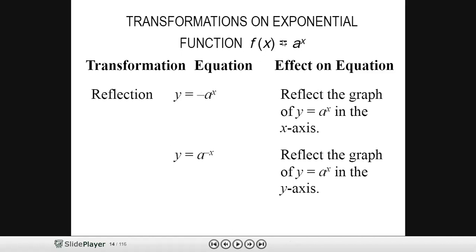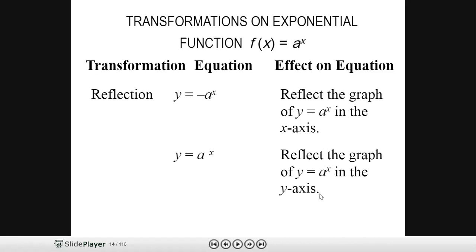The other transformation is reflection. Reflection means that this is a positive function, and if you are getting a negative sign, it makes it a reverse direction. So reflect the graph of y equals a^x in the x-axis, and if you are taking a raised to the power minus x, reflect the graph of y equals a^x in the y-axis.